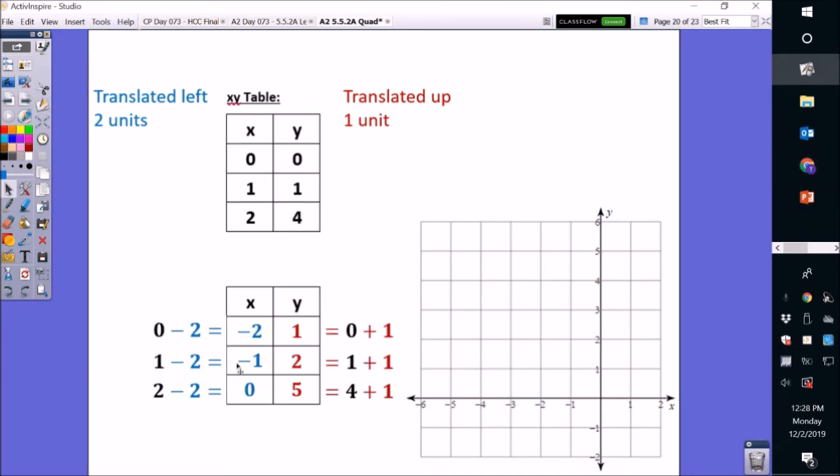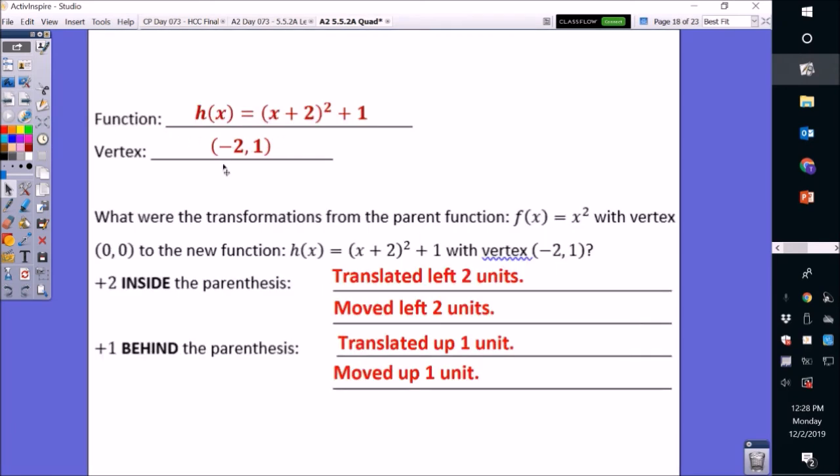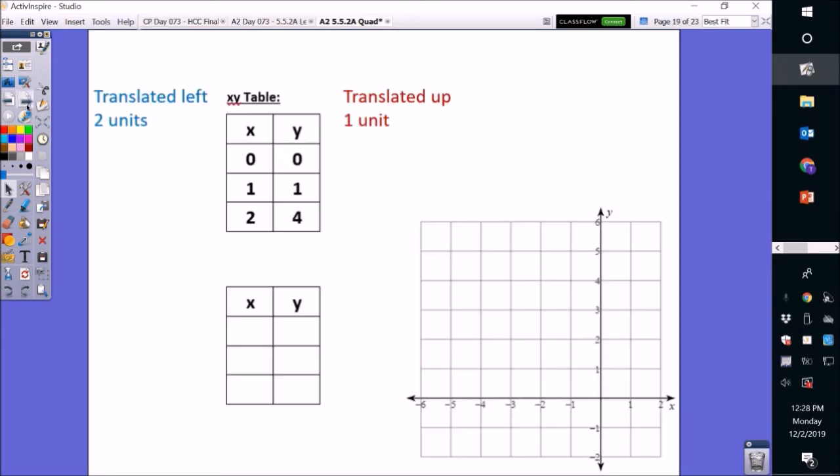Let's take a look at the coordinate points in the new table. These coordinate points should correspond to the equation h of x. Especially if you look at the first point, that's the vertex, -2, 1. If I go back here, here's the vertex, -2, 1, and then I go back to the xy table, it matches.